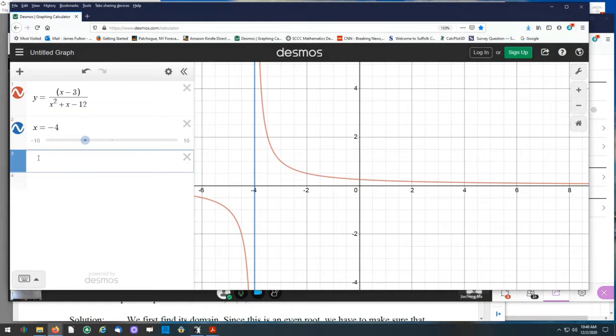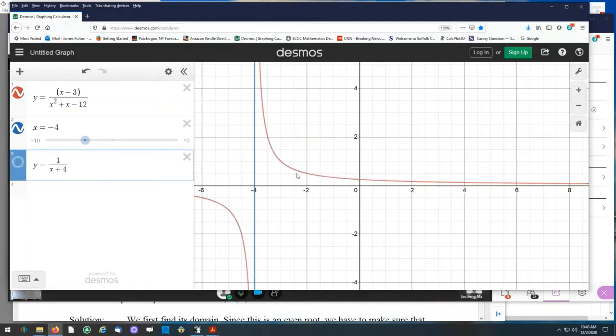If I put over here y equals 1 over x plus 4, they look the same. On the purple one, when I go to 3, I get a number, 0.0143.